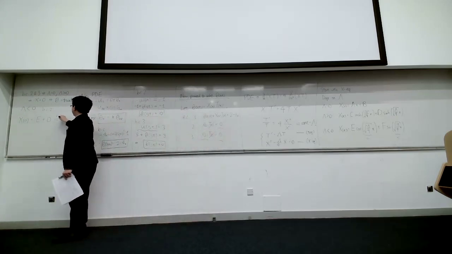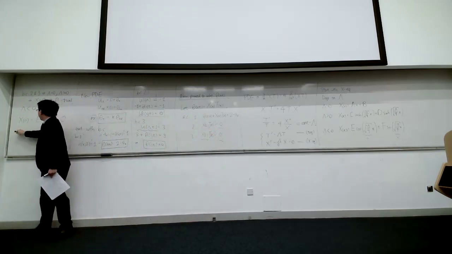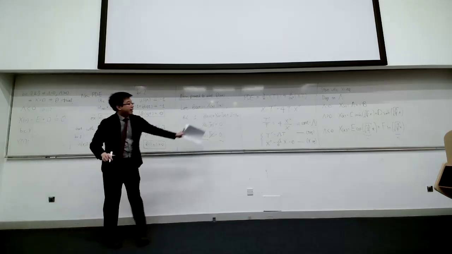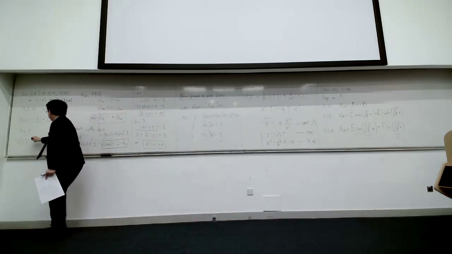So I want this to be 0, and so e is 0. And then boundary condition 3, that's X(1). E is 0, so now just f times sine of square root of negative lambda over 4 times 1. And I want this to be 0.